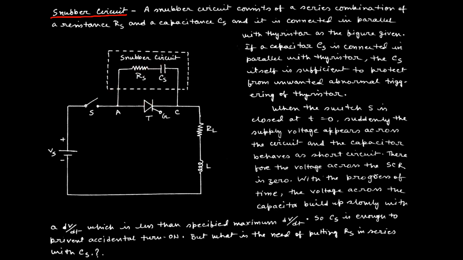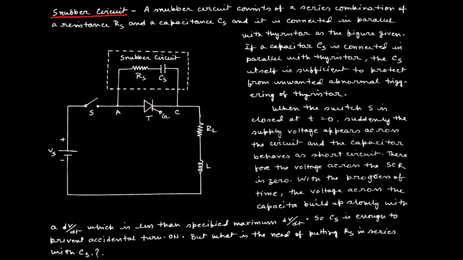So to protect against this dI/dt, we add this resistance in series with the capacitor. This resistance is capable of maintaining proper dI/dt stress across the switch T. That is why the series combination of Rs and Cs is defined as the Snubber circuit, to protect against both dV/dt and dI/dt. Then the switch can be operated safely.